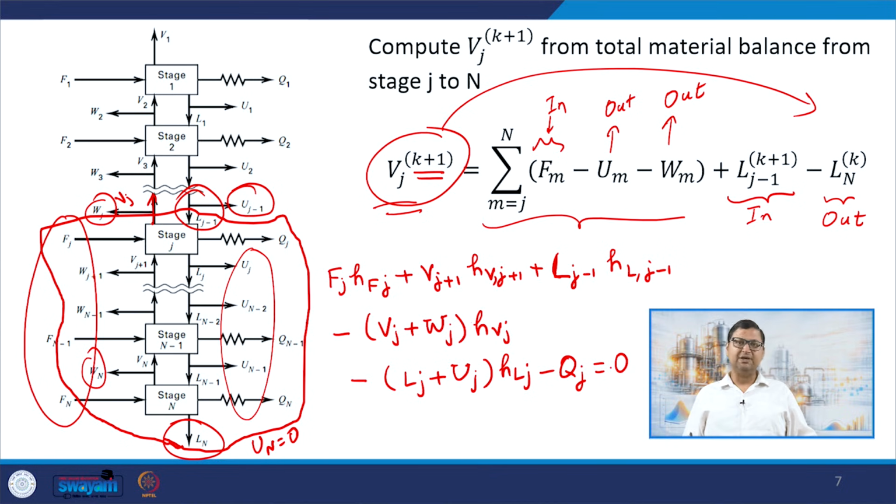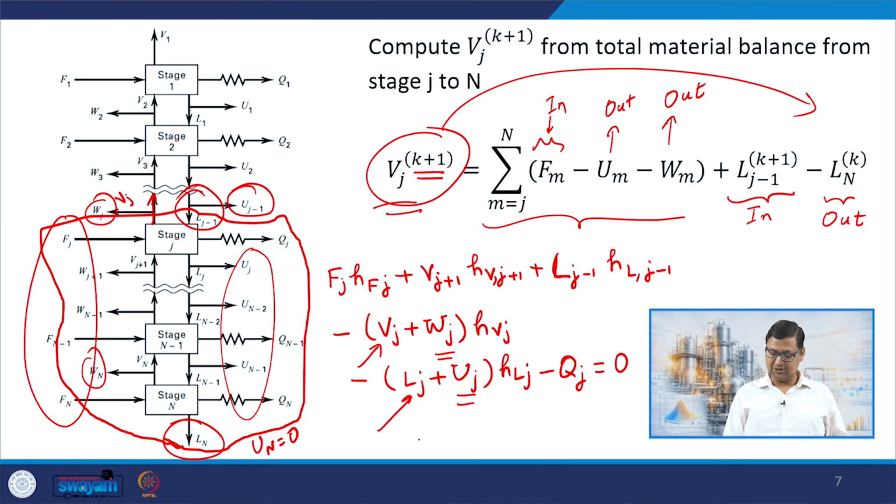So, when I am solving this, I am now using the new value of the Vj which I have computed there, the new value of Lj. Other things are already known to us, let us say Wj, Uj, Fj, they are all given, right.